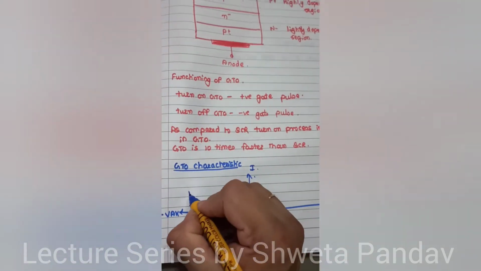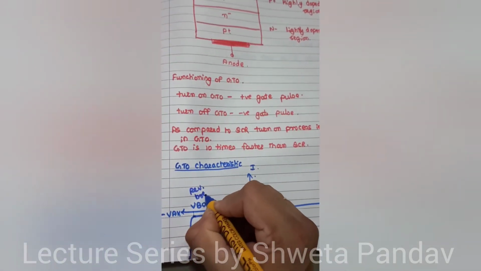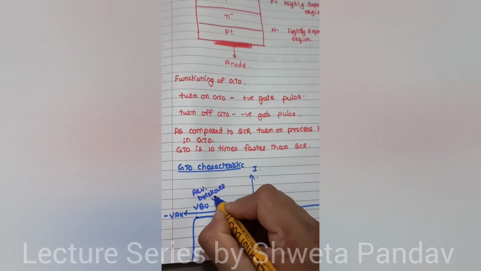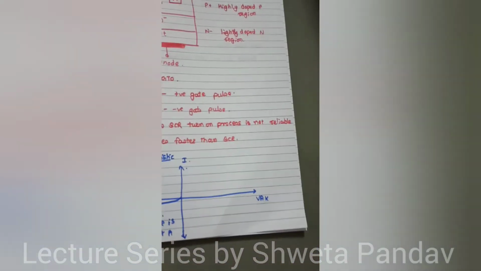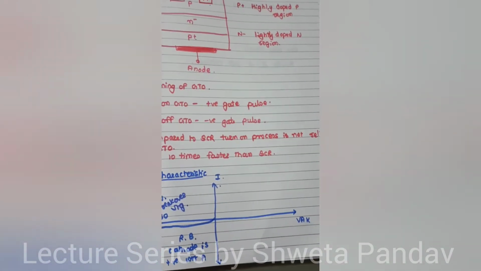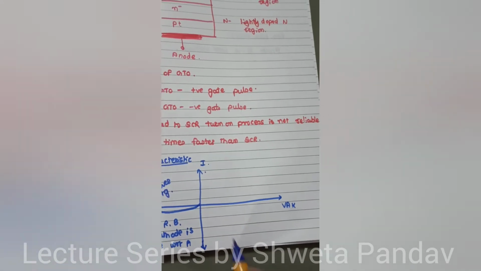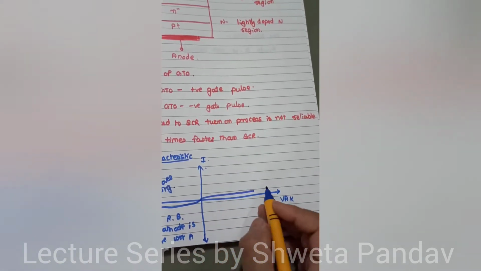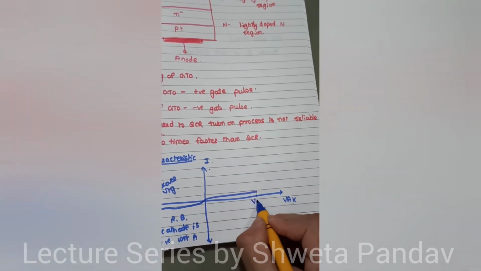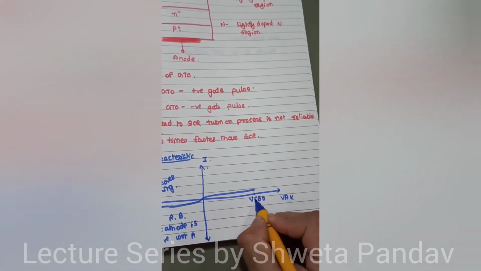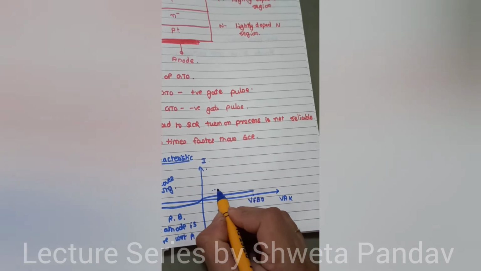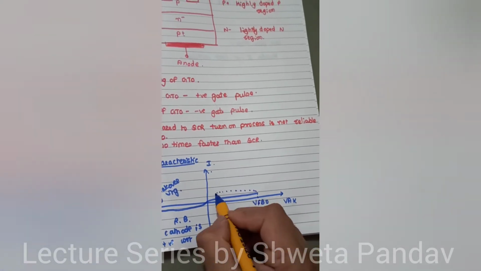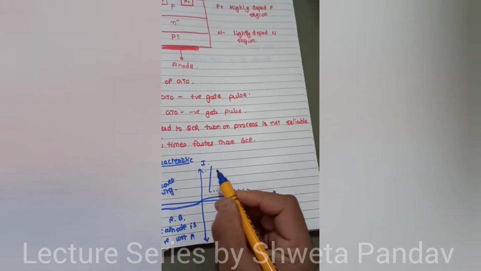Okay, and this is called reverse breakover voltage. Now what happens during forward biasing? During forward biasing, the anode is positive with respect to the cathode. Again a small amount of current flows until the breakdown occurs, and after the forward breakover voltage, within a small time period the current starts increasing rapidly.